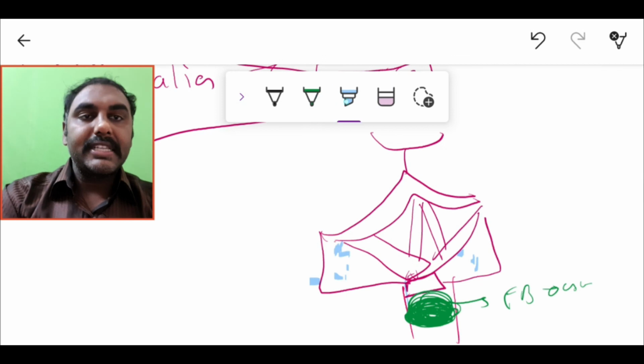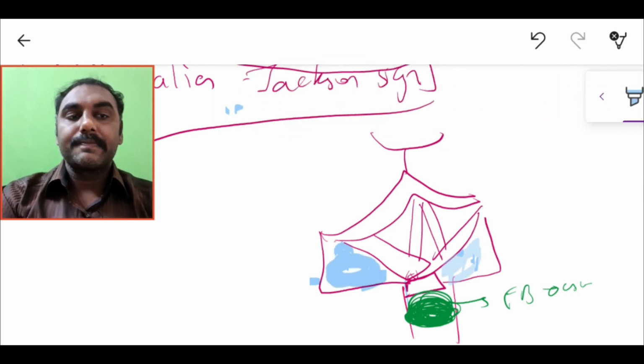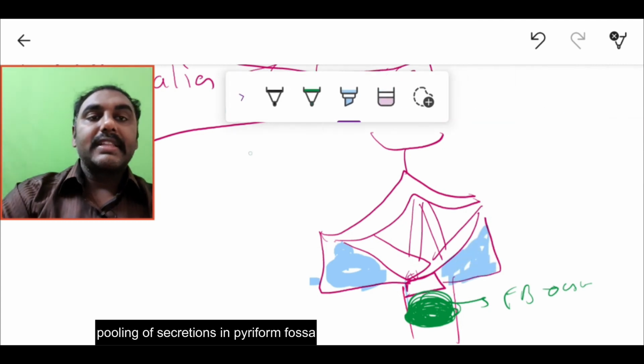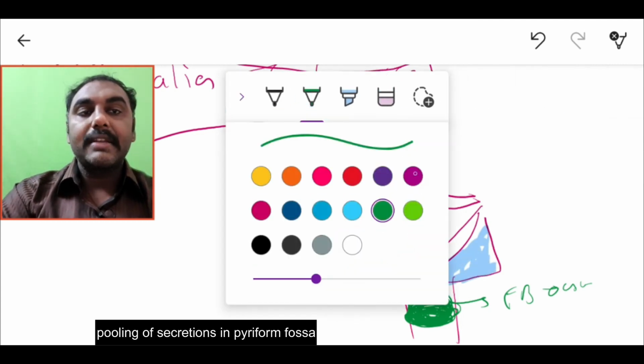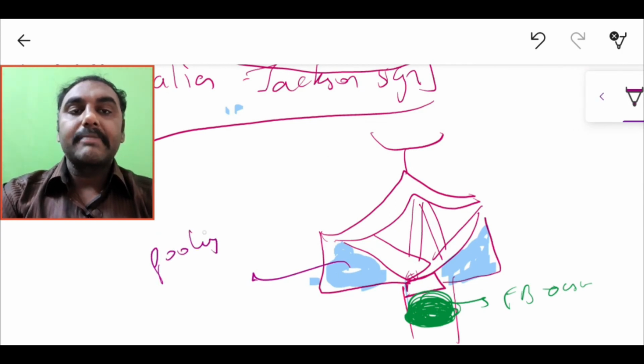So what happens here? There occurs some pooling of secretions in the pyriform fossa, right?